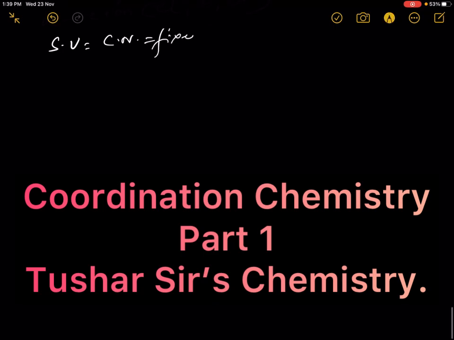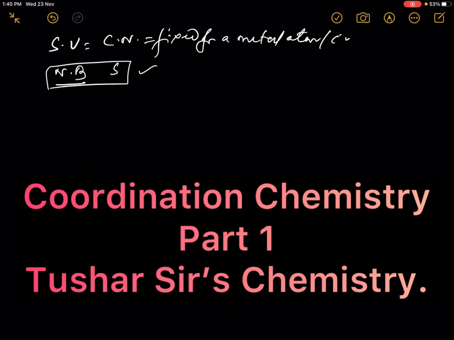But sometimes you will find more than 2 types of secondary valences for a single metal atom or ion. We will discuss later.